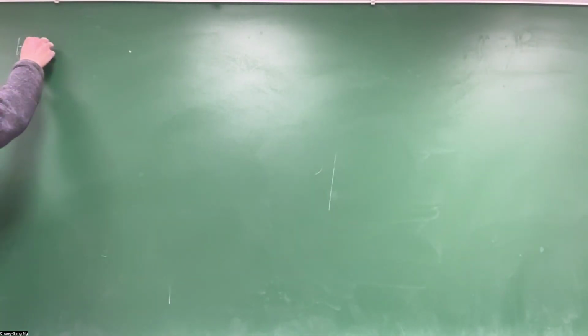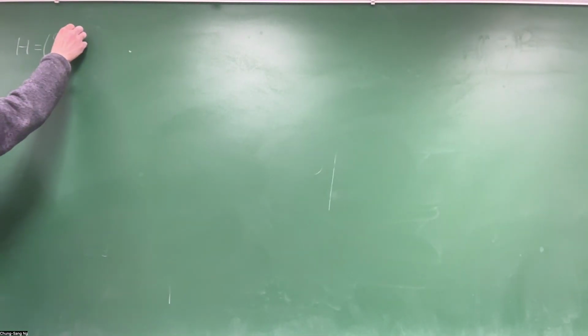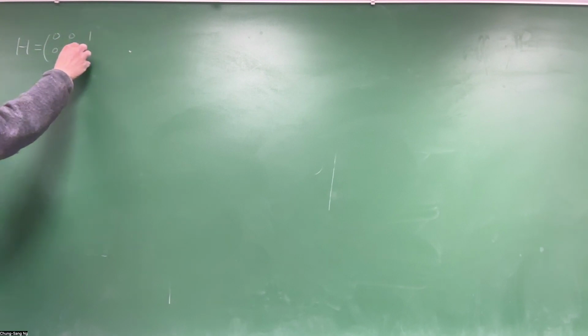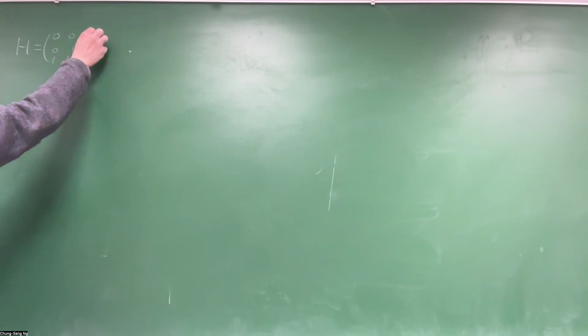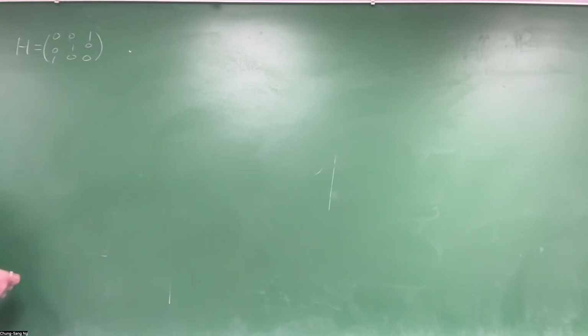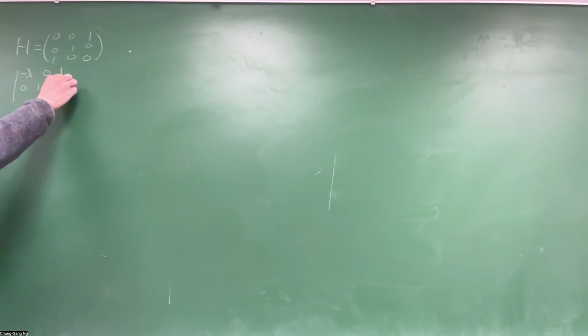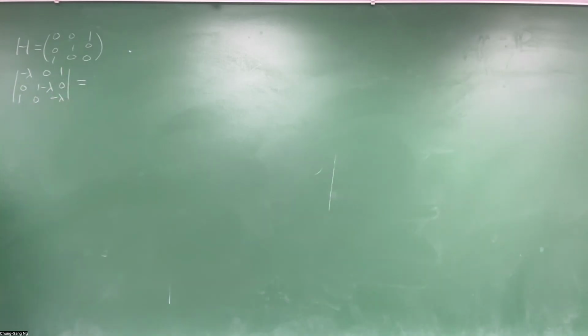Now it's 0, 0, 1, 0, 1, 0, 1, 0, 0. And the eigenvalue problem, the characteristic equation, is minus lambda, 0, 1, 0, 1 minus lambda, 0, 1, 0, 1, 0. Now, that is actually not difficult. It's just the center element multiplied by the square matrix corresponding to the rest.